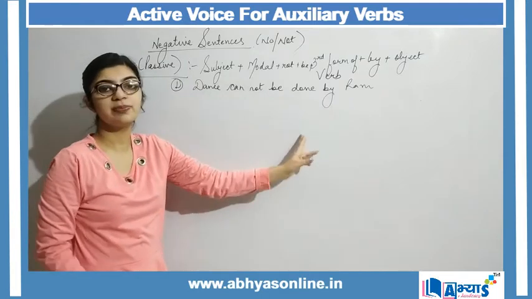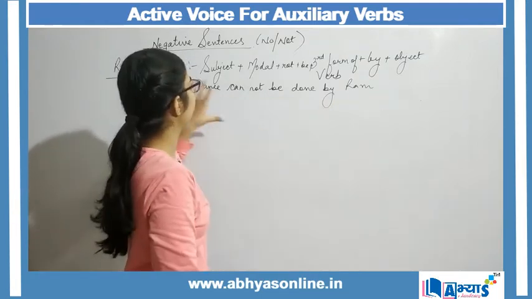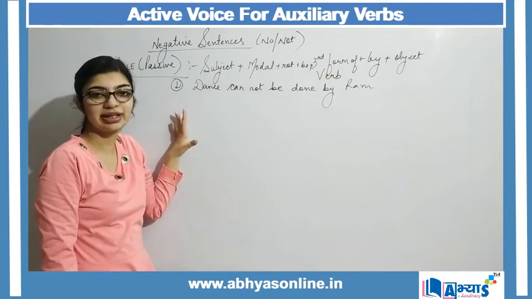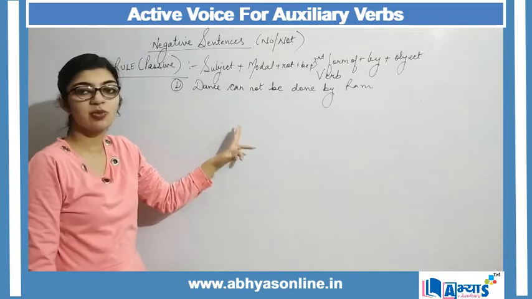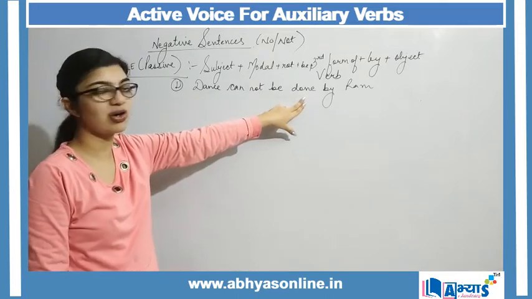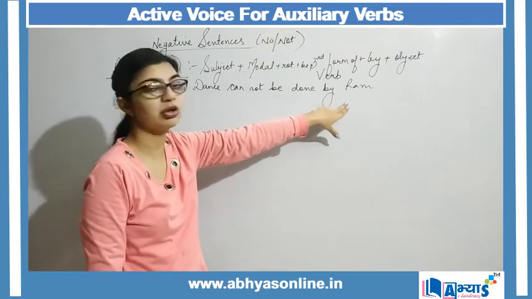Dance cannot be done by Ram. This is my negative sentence in passive voice. Why passive voice? Because I am using the third form of the verb followed by by.